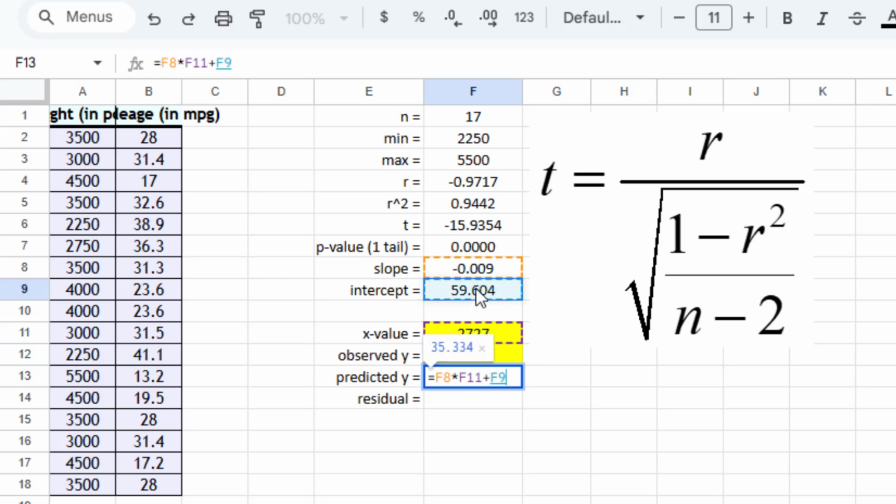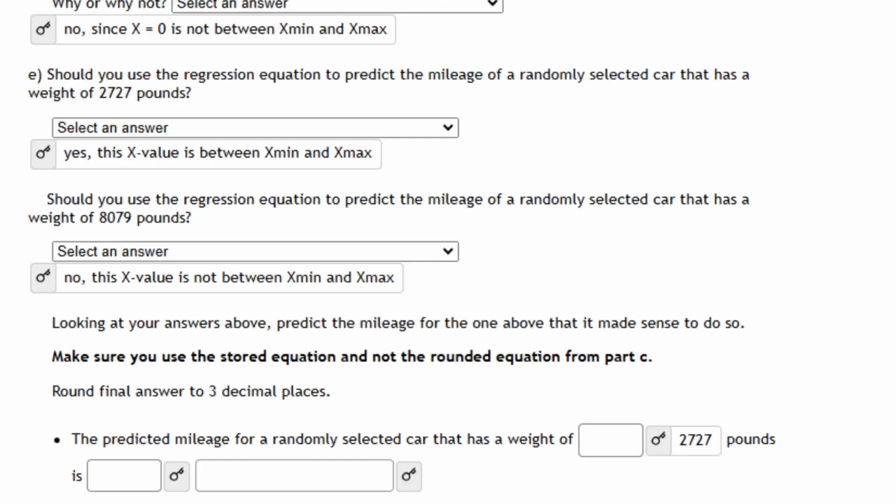We're just doing y equals mx plus b. And there is my predicted 35.334. And here you can see 35.334. And then, of course, the unit of measure is miles per gallon. So we could predict that a car that weighed 2,727 pounds would get a little over 35 miles per gallon.